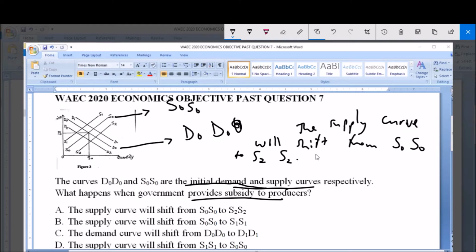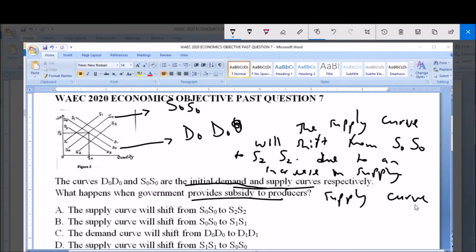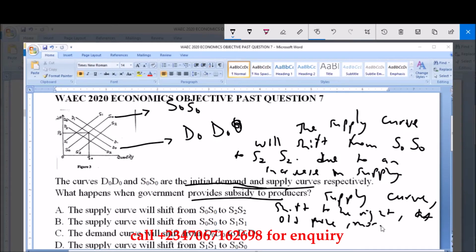Now this shift or this change indicates, I would say, an increase in supply. This occurs as a result of increase in supply, meaning that the supply curve, which is S0, S0, will shift to the right, and this is an indication that at the old price, more of the commodity is supplied.